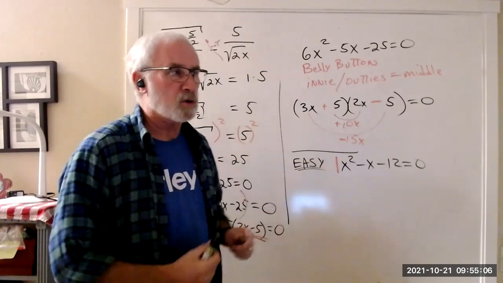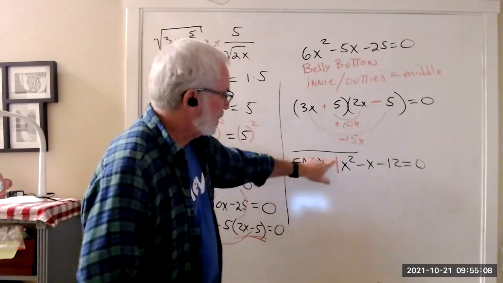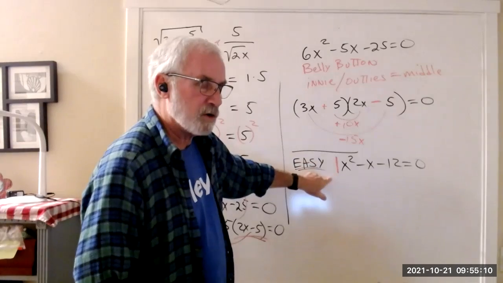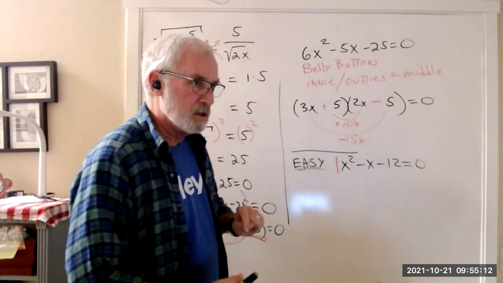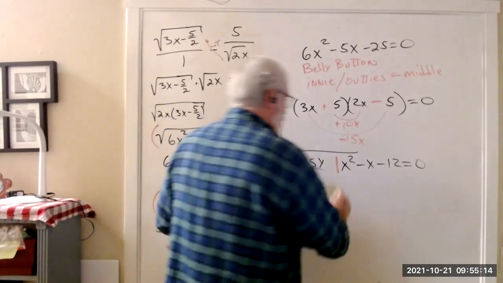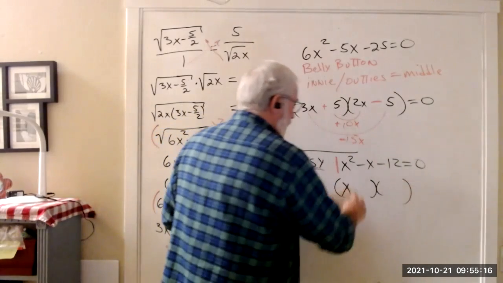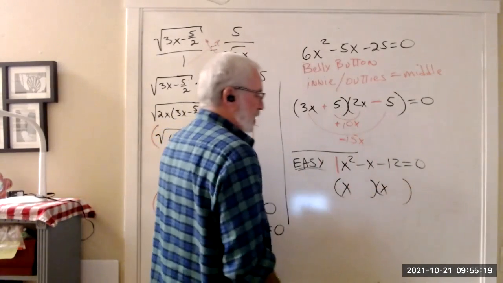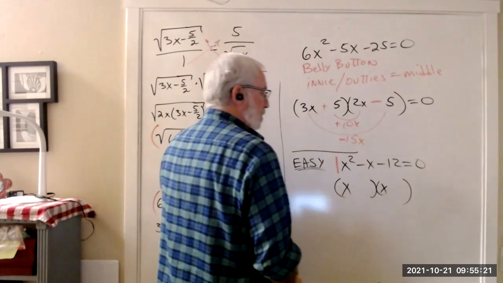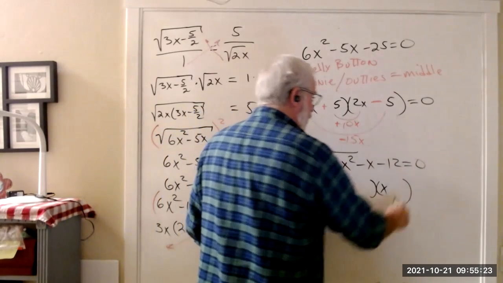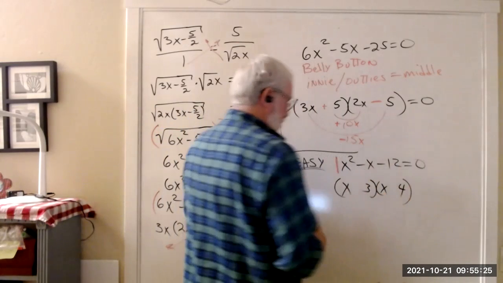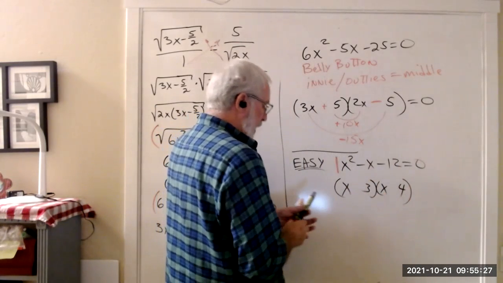Remember, I termed it easy trinomial. No book in the world calls it that. I do. If it's an easy trinomial with the coefficient of the x squared being a 1, then you can just go boom, boom, boom, boom. X squared breaks up as x and x. What do I do to make 12? 4 times 3. Now play with your belly button.